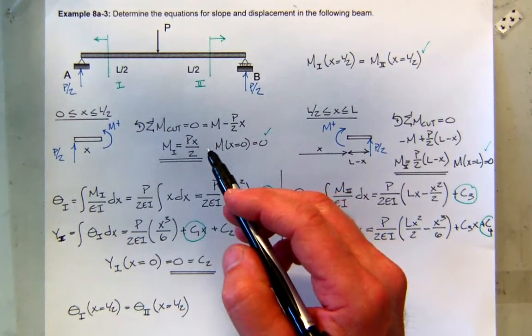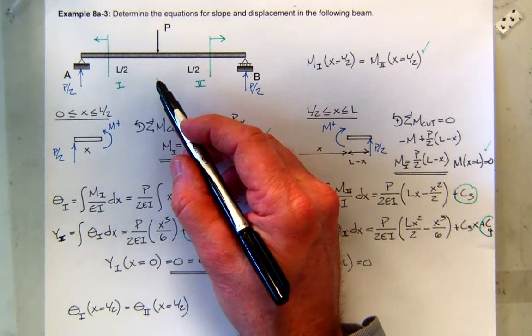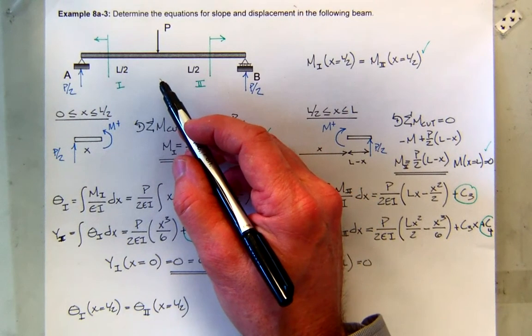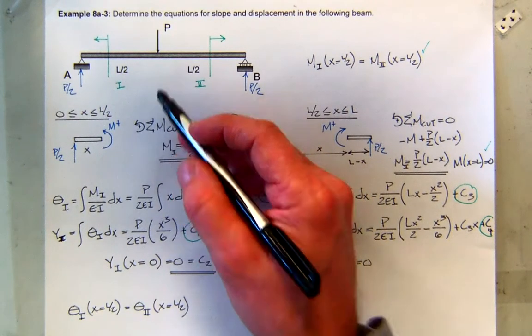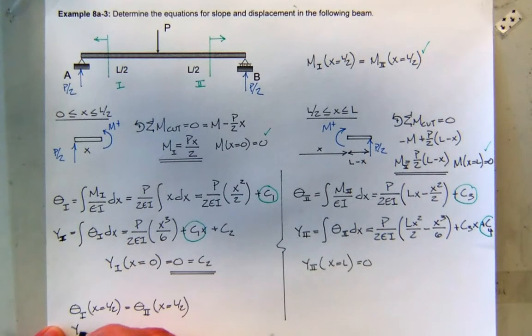Right? There's not an instantaneous bend in the beam. And also there's not an instantaneous change in the displacement. So your displacement at x from the first region at that common point has to be equal to the displacement in the second region at that common point.